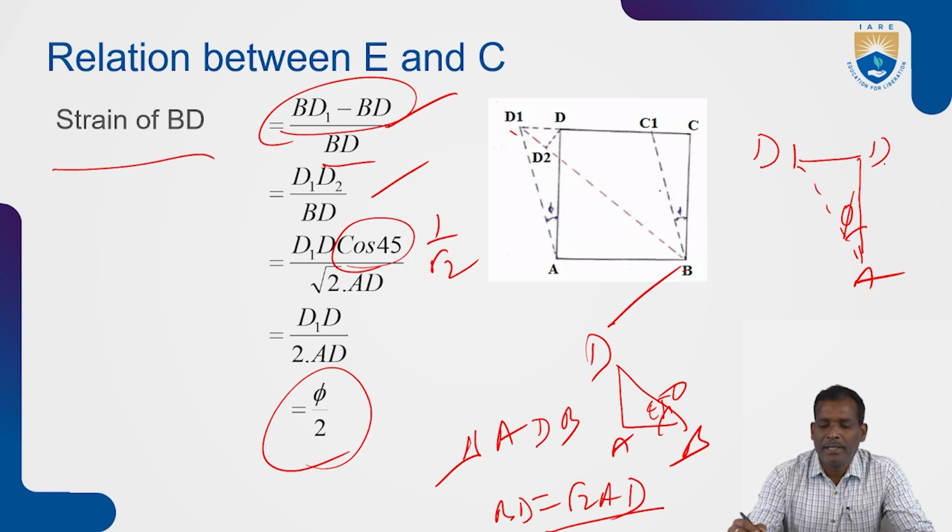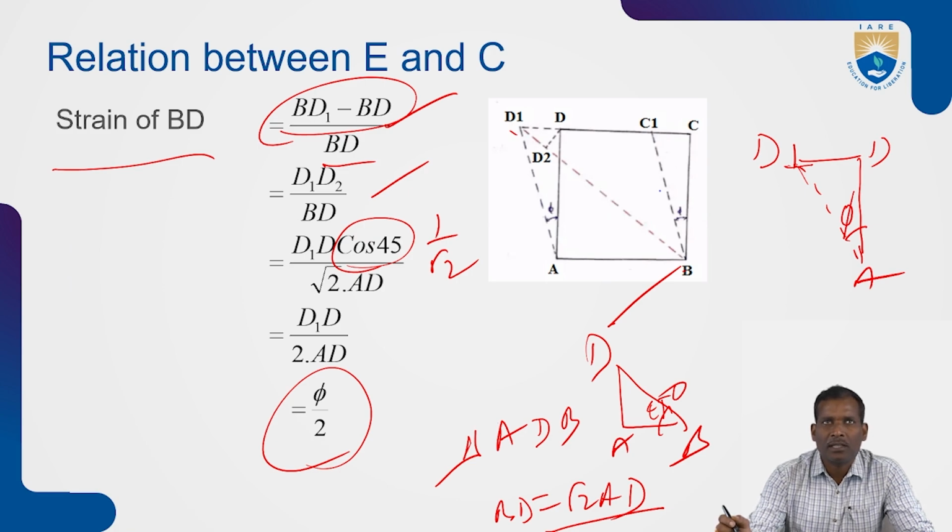So D1D by AD you can write in terms of angle phi, so phi by 2.